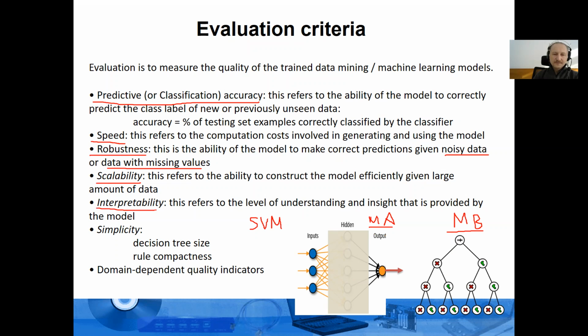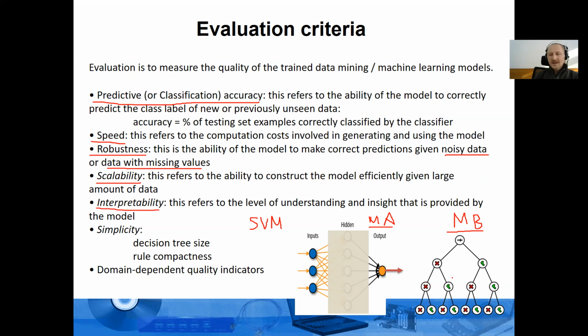Interpretability. When you train a model, when you generate a model, you will use that model to make predictions or to analyze your data. If you have a decision tree model, you can see what is happening inside.